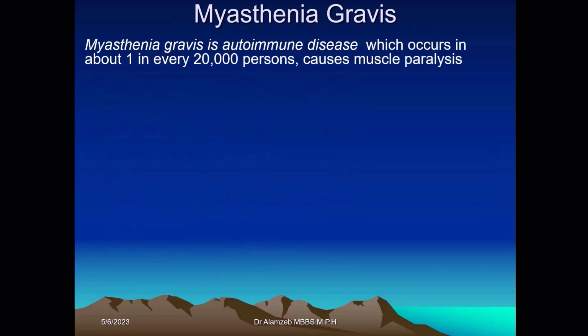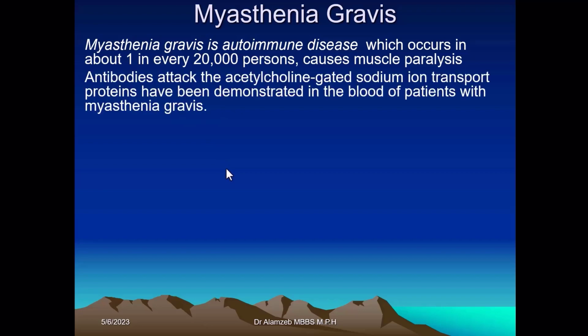Now, myasthenia gravis is one disease that affects the function of the neuromuscular junction, and this occurs in one patient in 20 births. This is an autoimmune disease, and antibodies that attack the acetylcholine-gated sodium ion transport protein have been demonstrated in the blood of a patient with myasthenia gravis.